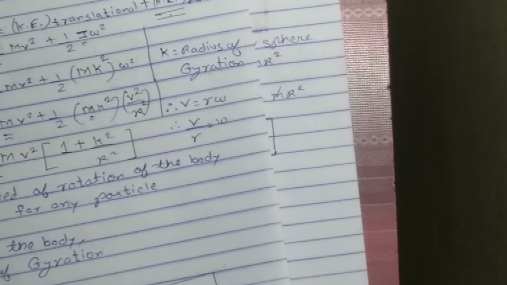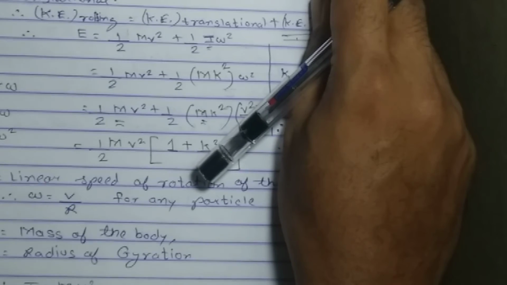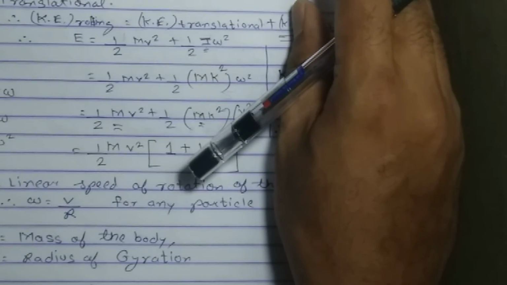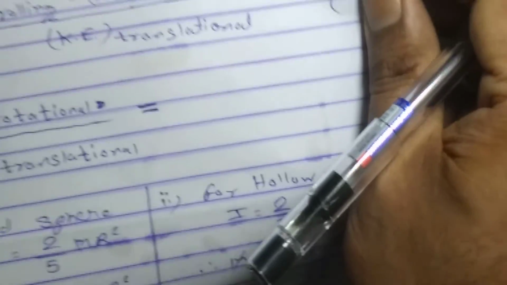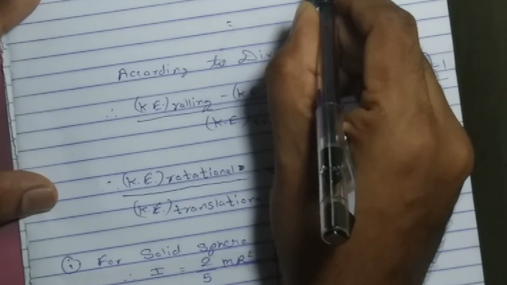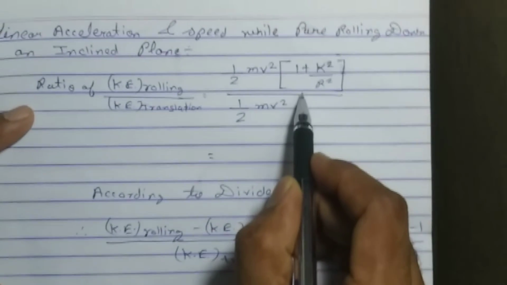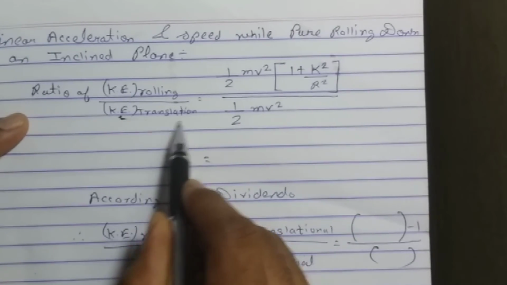Students, let us do some relation between, we can compare the kinetic energy of the rolling body and the kinetic energy of the rotational body, and translation also. Students, the kinetic energy of the rolling body, as I told you, is half mv square into 1 plus k square upon r square. What is the kinetic energy of translational motion of the body?